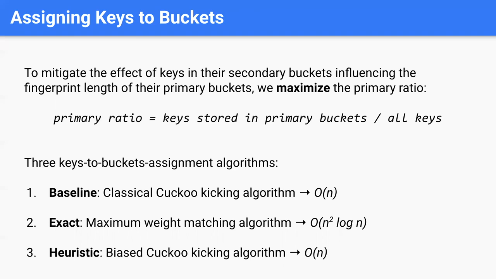And we devised the heuristic that prefers kicking items that reside in their secondary bucket. We found that our heuristic achieves primary ratios within 1% of the optimum, while being 100x more efficient than our test data. A nice side effect of this optimization is that keys are now found sooner during lookups.